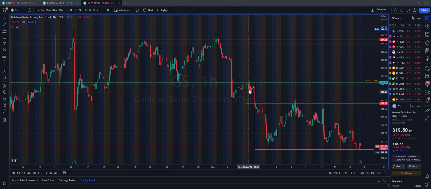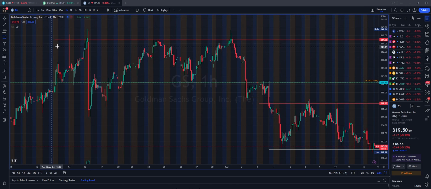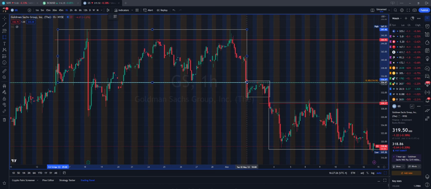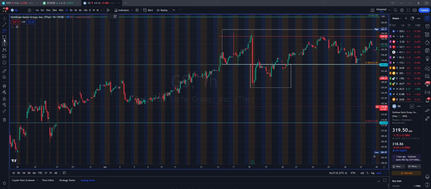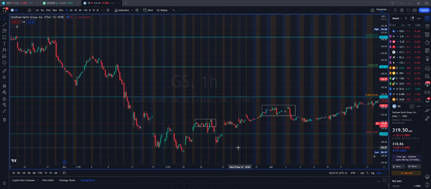Where you find something in a balanced area, it goes up and down. This is a range. This is one range right here, and then there's another range. This is the range right here. Then this is one range right here.